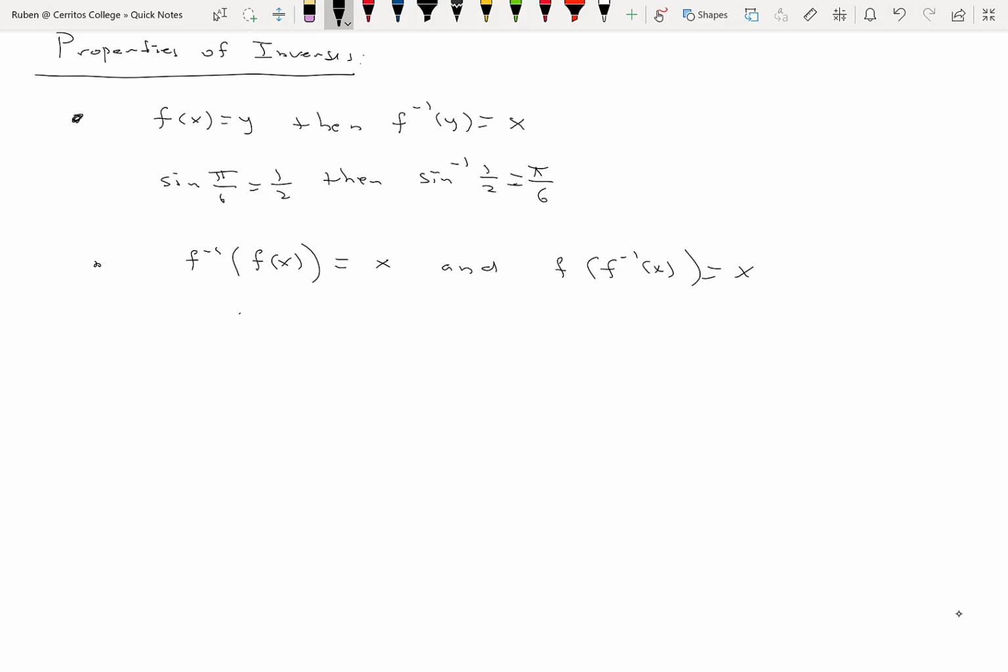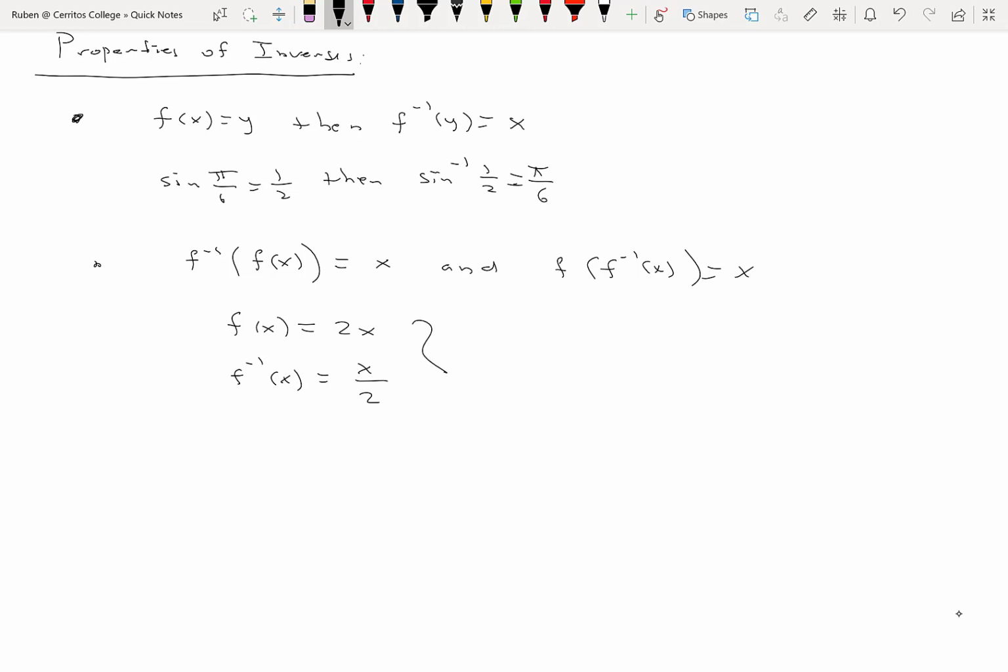Okay. What's that important for? Well, this is how you can tell that you have an inverse and your inverse is correct. We know that if the function is the doubling function, then the inverse is to divide by 2. So how can you verify that? Verify it by showing that f inverse of f of x equals x and that f of f inverse of x equals x.